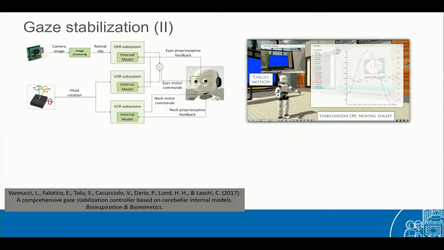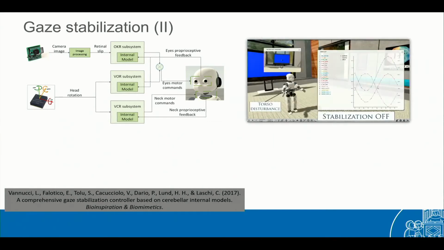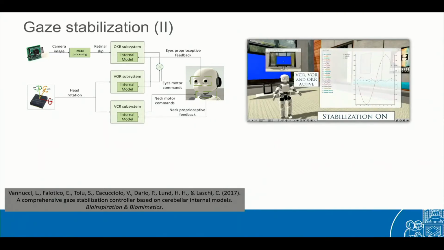At the same time, we have also a target which is moving, and we apply the stabilization for neck and eye, and using also the optokinetic reflex, we could follow the target movement with the eyes.